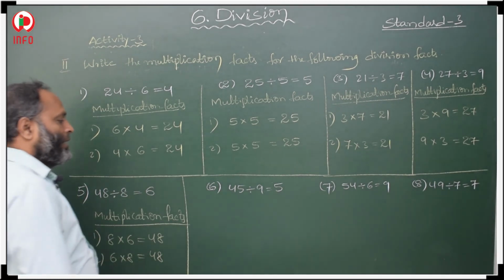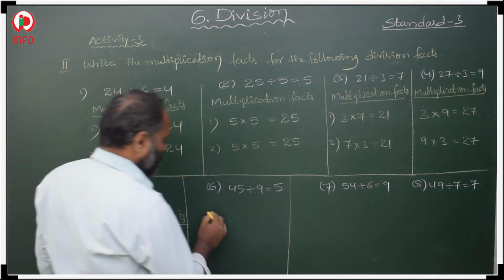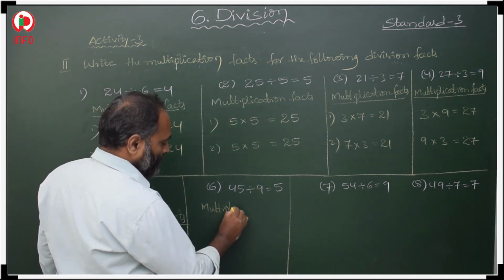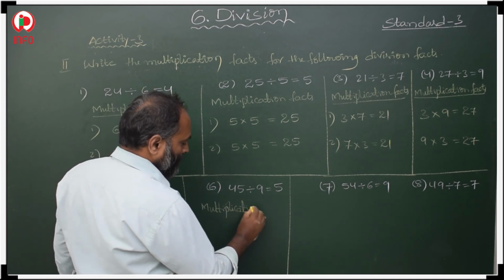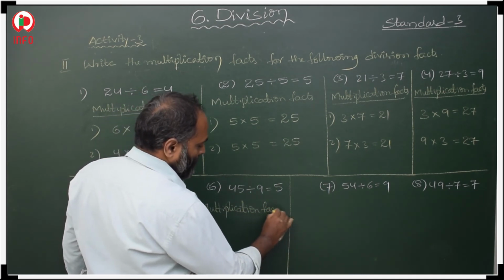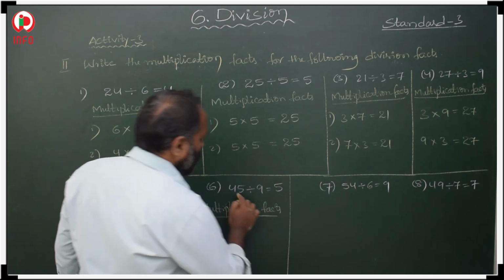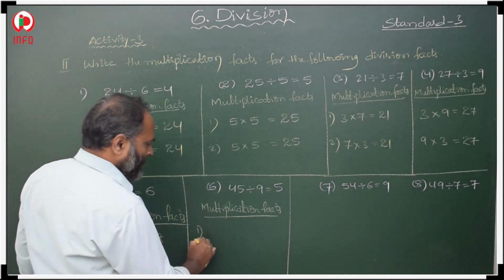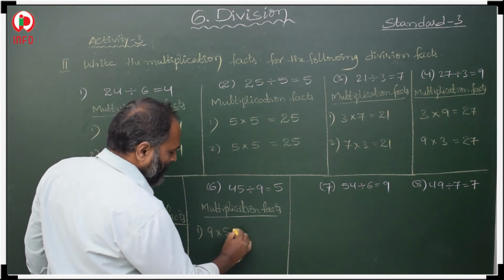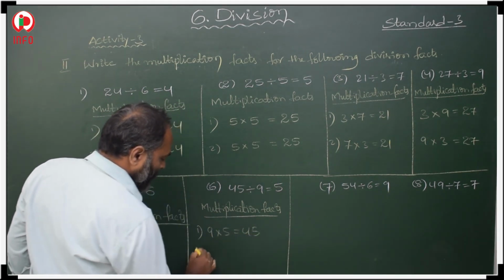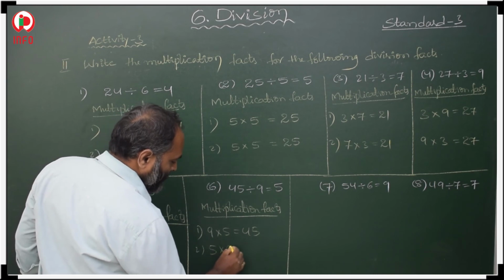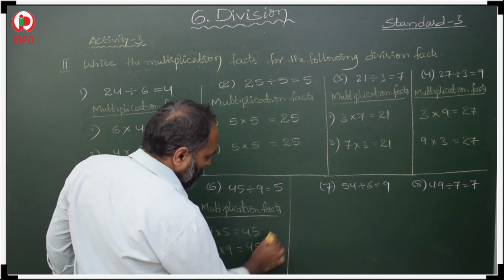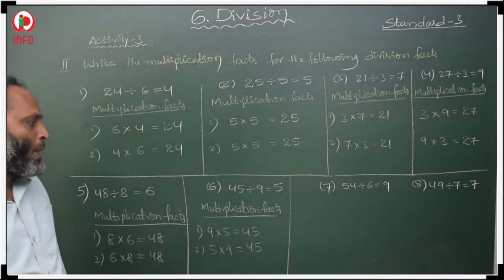Now here, multiplication facts. Dividend, divisor, quotient. First one, divisor into quotient is equal to dividend. The second one, quotient into divisor is equal to dividend.